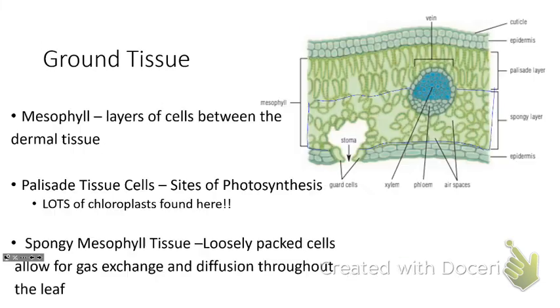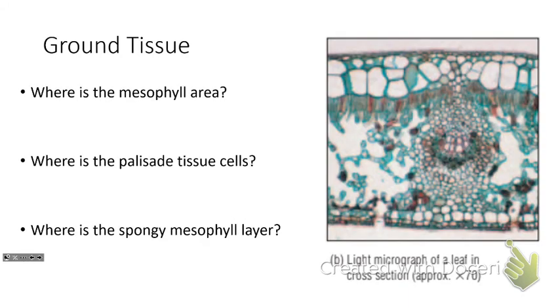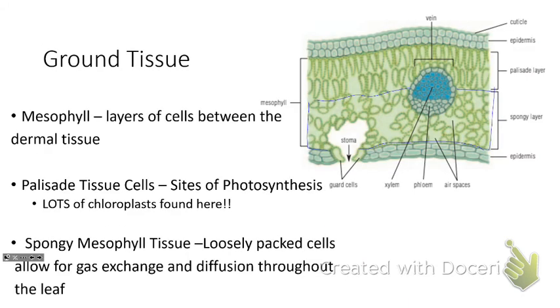A lot of the times in science when we're talking about anatomy, we get a really nice animation like this. However, when you look at something in a microscope, it's not always going to look that neat, unfortunately.